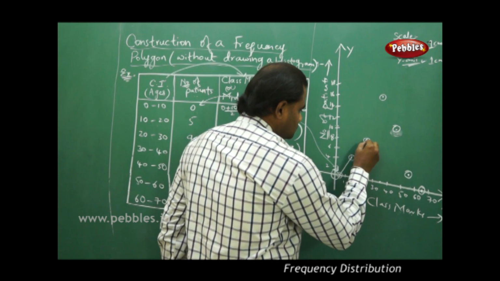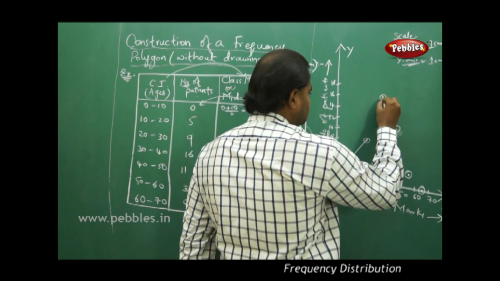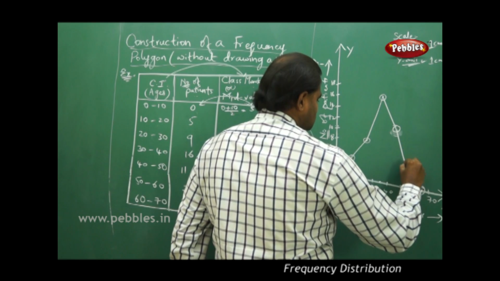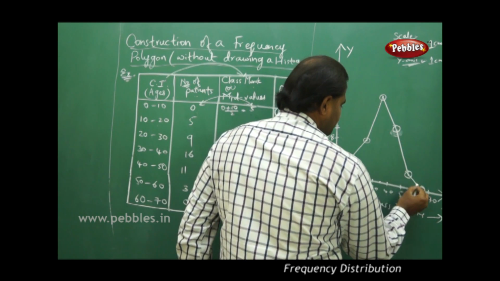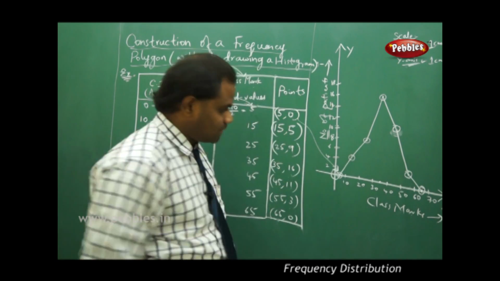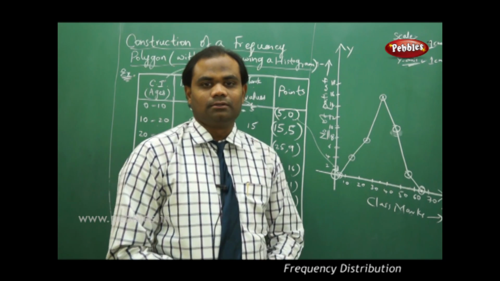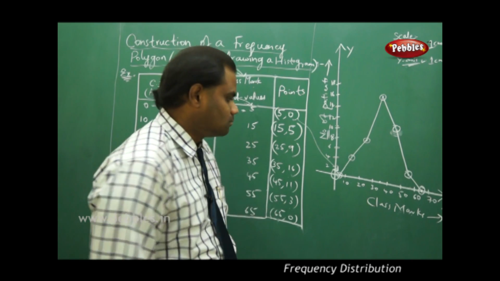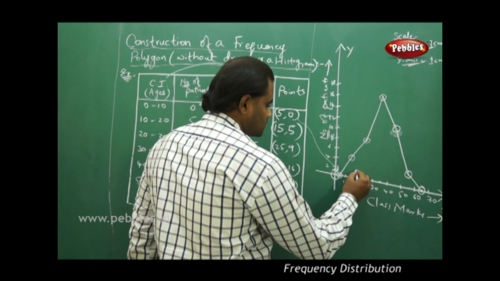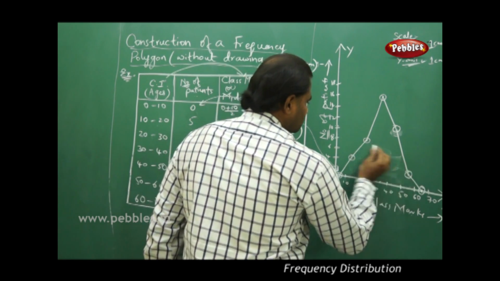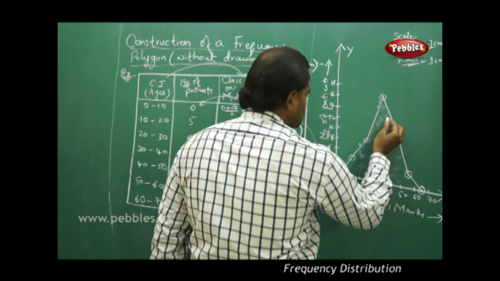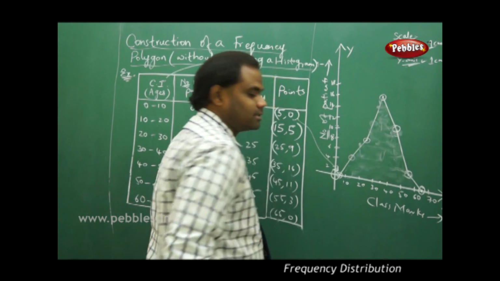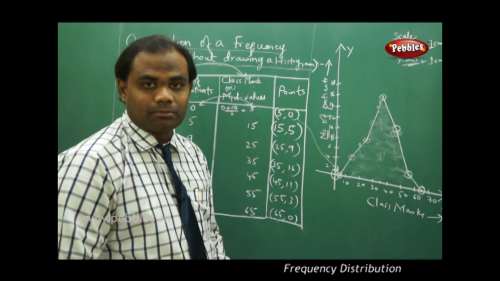1, 2, 3, 4, 5, 6, 7. This is a 7-sided polygon, which is a septagon. The frequency polygon here is a septagon, because this is the frequency polygon which has been obtained from the given class interval or the given frequency distribution table.